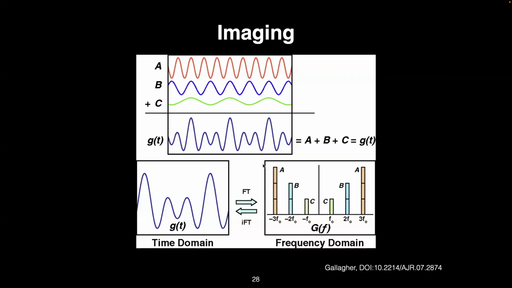So what we're doing is we're exciting our signals, we're turning on our gradients, we're creating this frequency distribution, and then we're using Fourier analysis to take the signal that we're getting and get back that distribution of protons that's giving us this frequency variation.